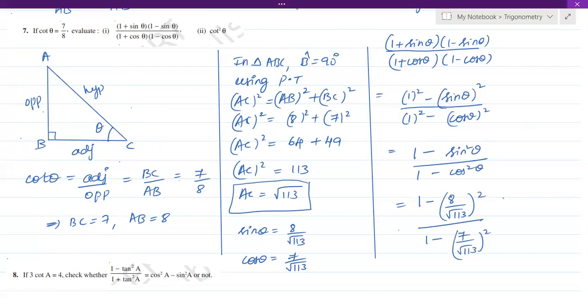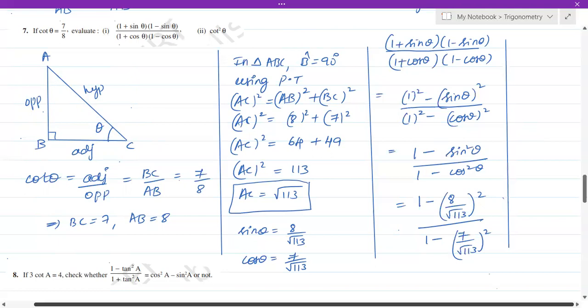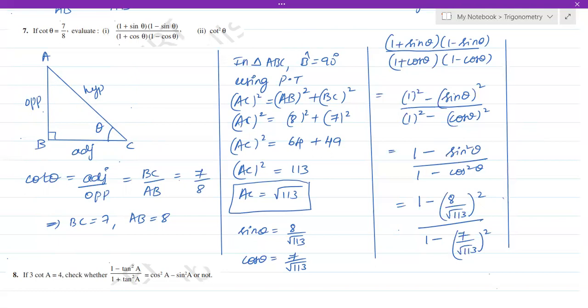So let's simplify this. 1 minus 8 square is 64 over root 113 square, which is 113 itself. By 1 minus 7 square is 49 over root 113 square, which is 113 itself. Now this one can be written as 1 by 1, and this one can also be written as 1 by 1.